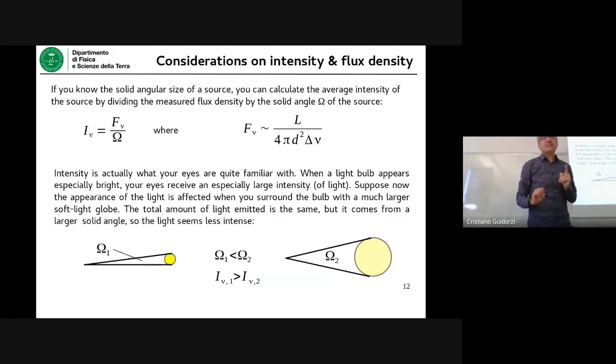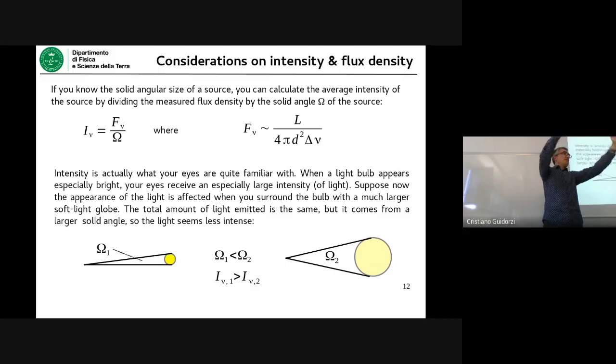And what is the result? Well, the result is indeed that the object having the smaller solid angle appears to be brighter. And this is, everyone knows. If you have a very bright source of light in your room and you want to soften it, you just spread its light.